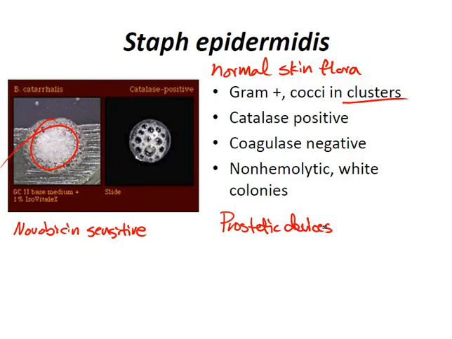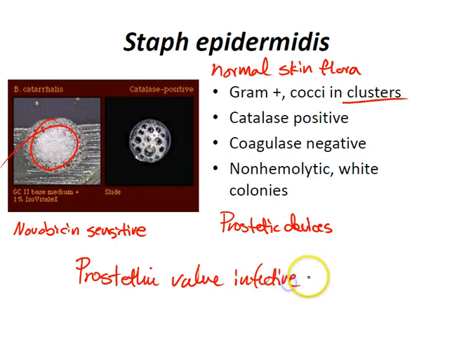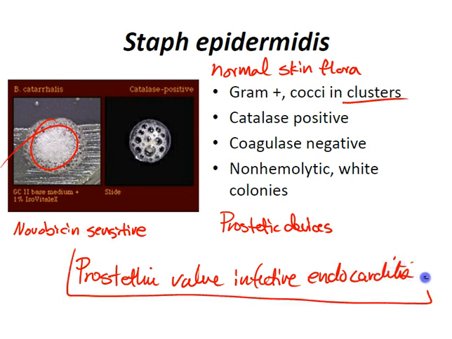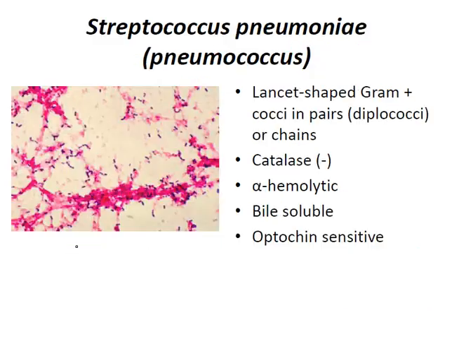Indeed, Staph epidermidis is the most common cause of prosthetic valve infective endocarditis. And there you go. That's Staph epidermidis for you.